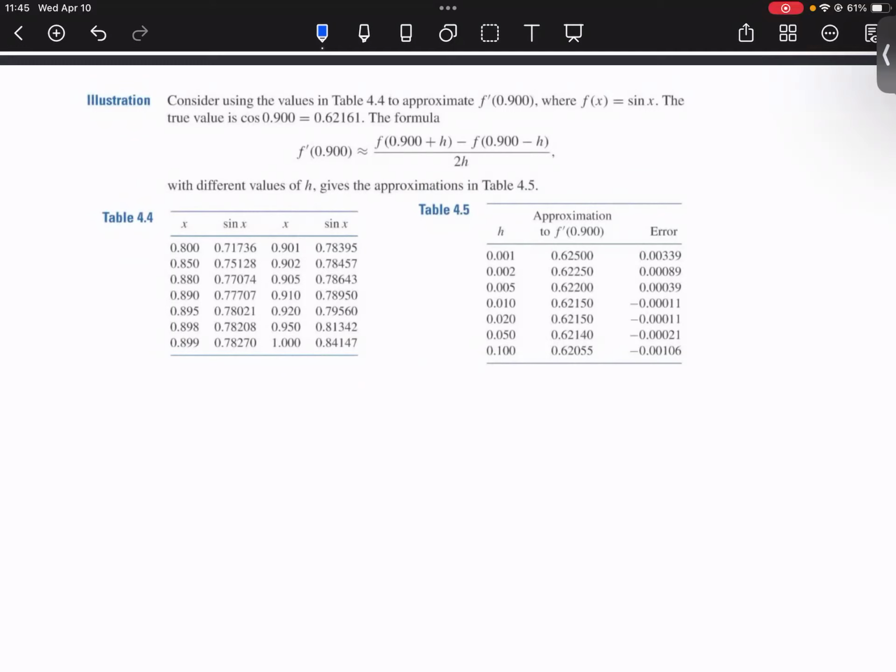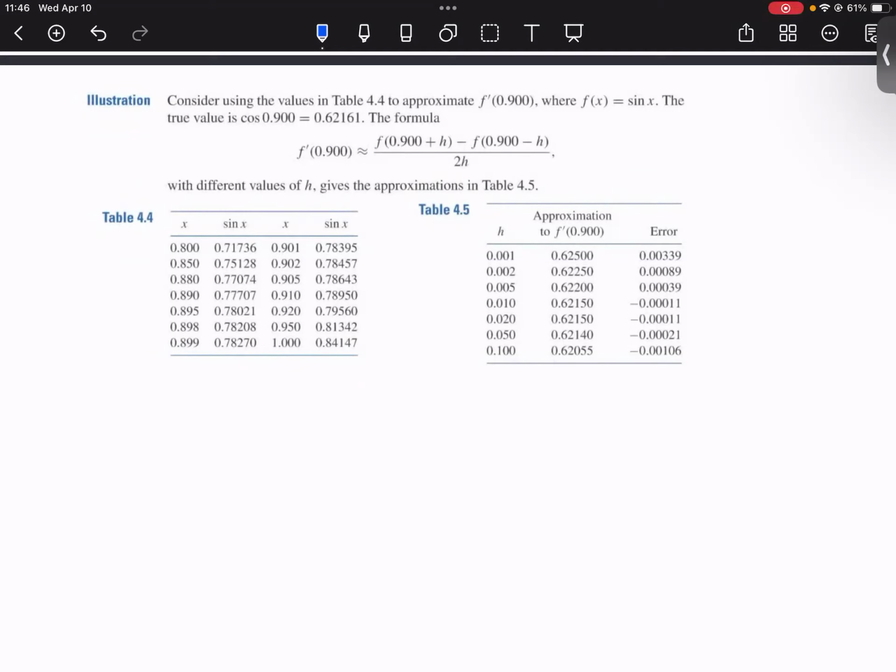So the line here is just going down, and then it's horizontal, and then going up again. So the optimal h could happen in between this interval, which means that the optimal h could be between 0.005 and 0.05.